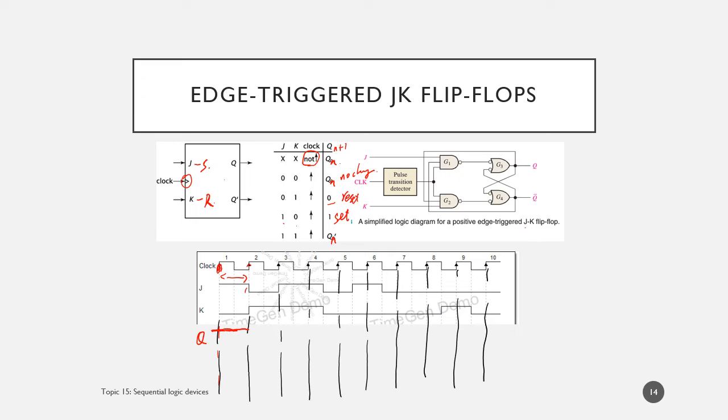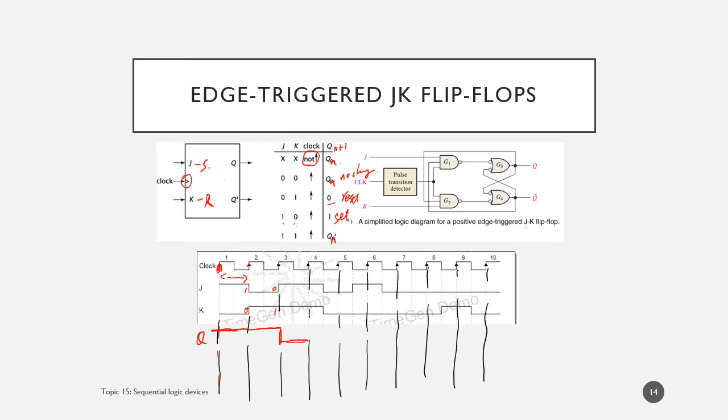Because J is 1 and K is 0, if we look at the table, 1, 0 corresponds to set, right? Set means Q will stay at 1 until the next edge. At the next edge, we have 0, 1. That's the reset state, so Q will change to 0 here.